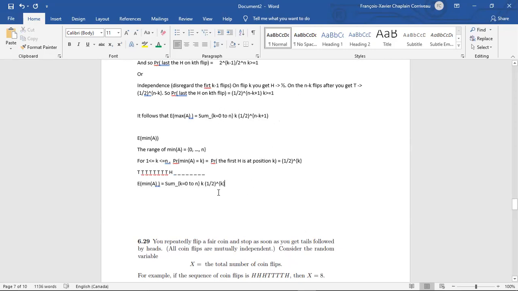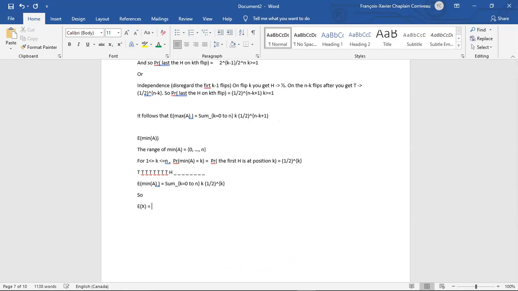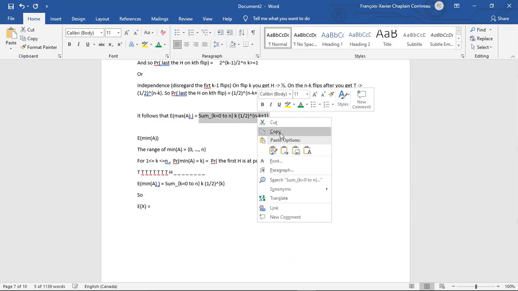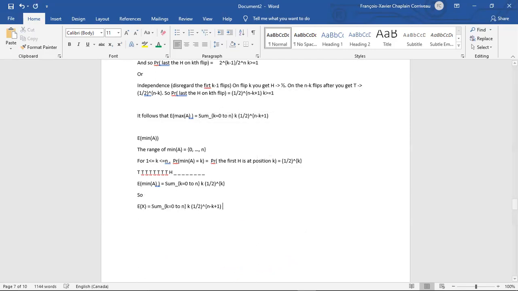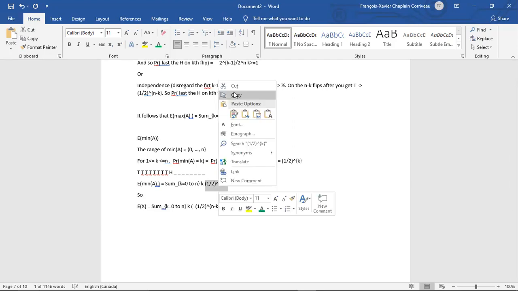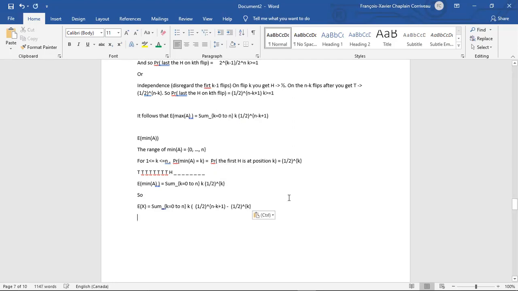Actually, I'll just rewrite it. So this minus, so here I'll just plug the two summations at once. So this bracket just means, so I avoid confusion, it's this whole thing minus this whole thing. And the summations have the same range, so I can put them together.